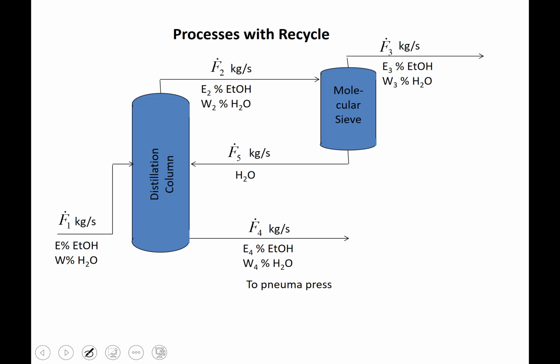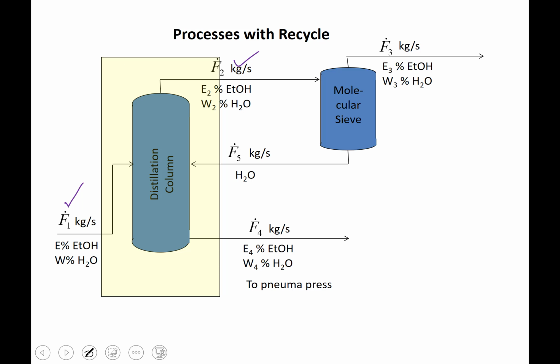So we're going to look at an actual process, and we're going to do the calculation. If we look at the system just with the distillation column, we have F1, F2, F5, and F4 to deal with. Note that the arrow here of F5 is an input and F1 is an input.